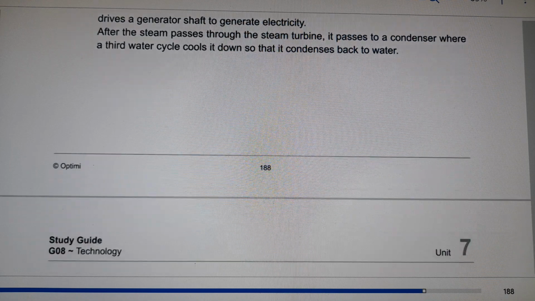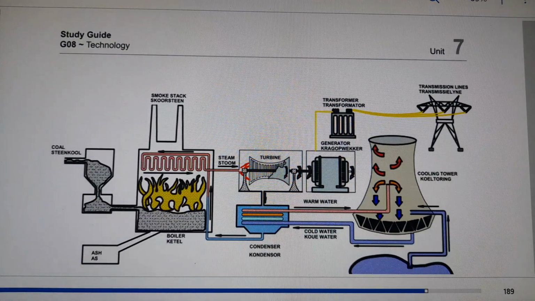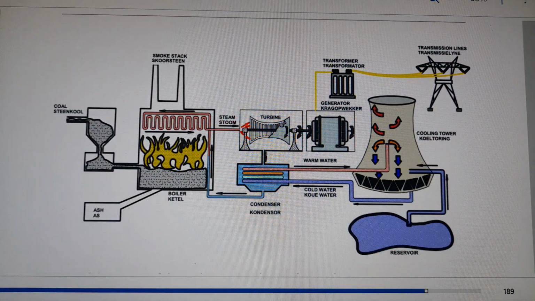Okay, so let's go to the next page, page 189. Now we will be able to see the process. So we have the coal coming from the coal chutes. Here you will have mines, and the coal will come with a conveyor belt, go to the chute, and the coal will go to the mills. It will be crushed into powder.